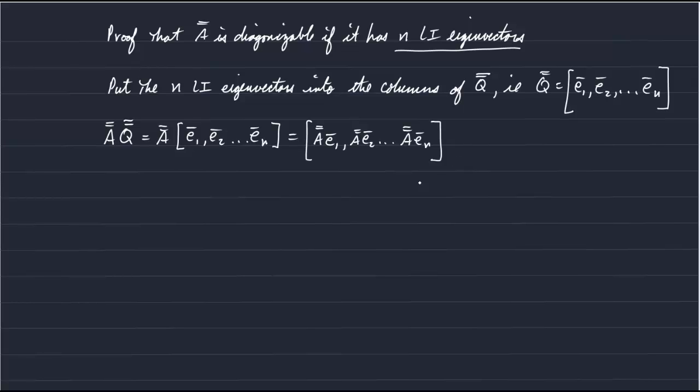Since the E's are eigenvectors, we know each of those products is equal to the eigenvalue times each eigenvector.